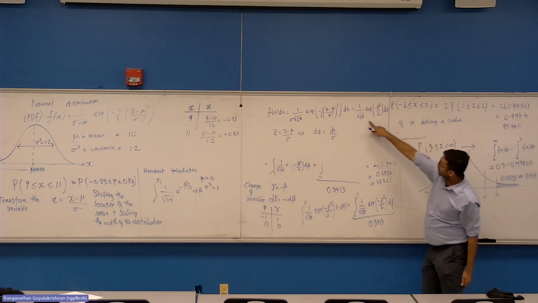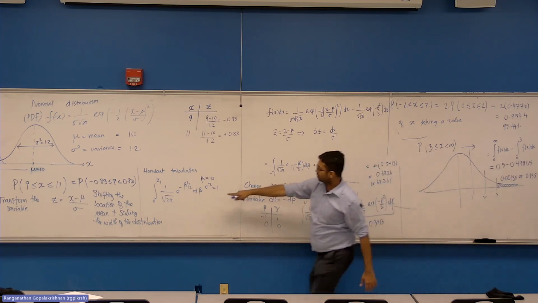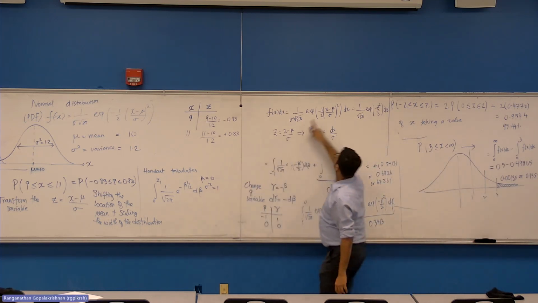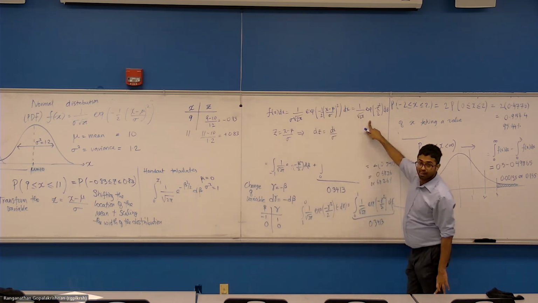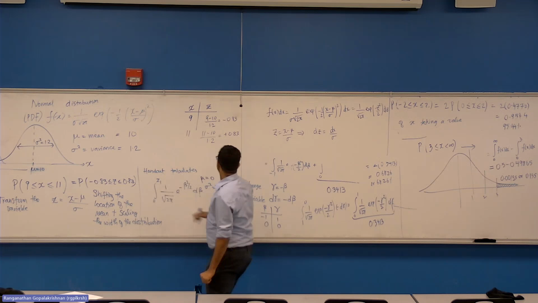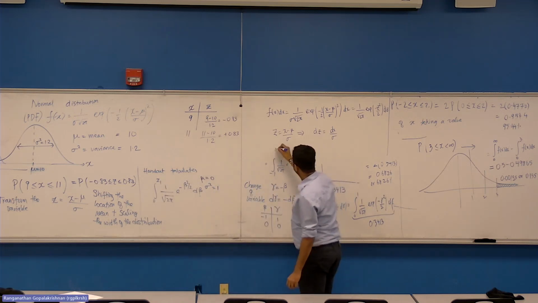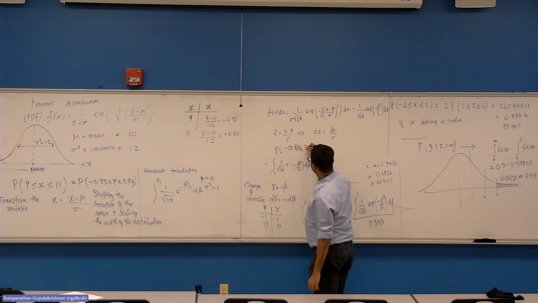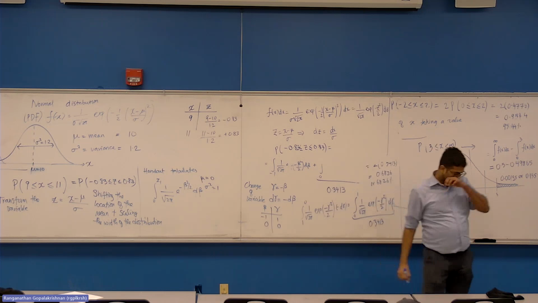And isn't this the table for which you have the values provided to you? Same thing, right? So now go ahead and compute for me the probability that z lies between minus 0.83 and plus 0.83. Go.